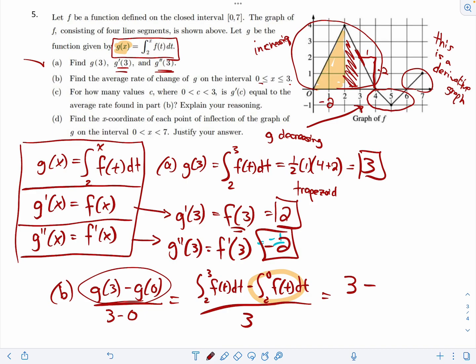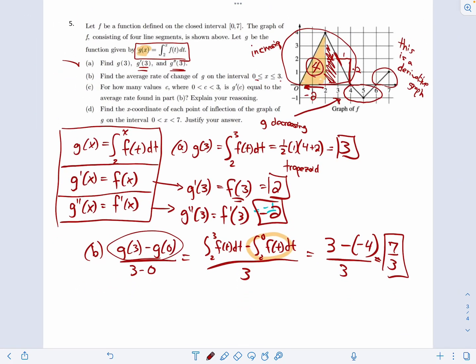Our height is 4. That looks like 1/2 base times height, which would normally be 4, but that is now a -4 because our direction now of the length is -2. 3 minus -4 over 3, 7/3.